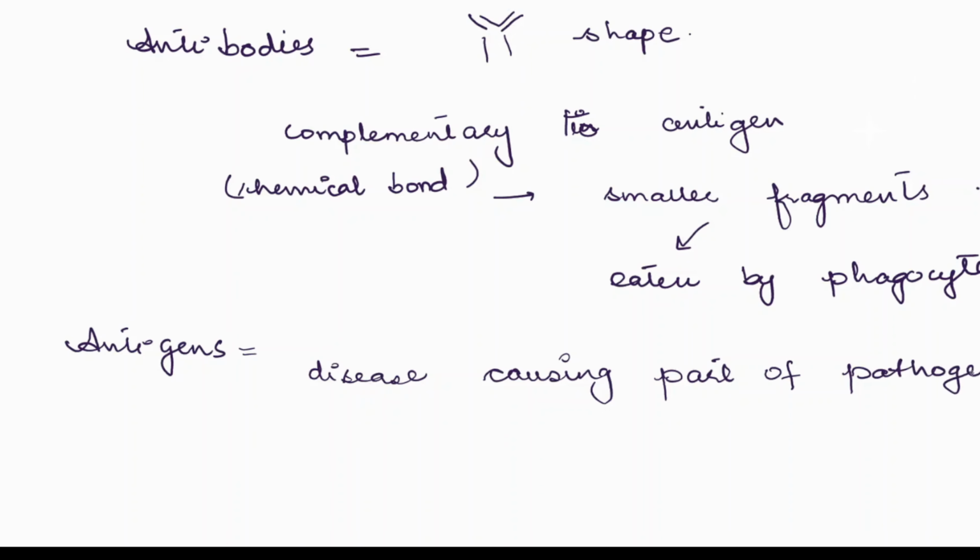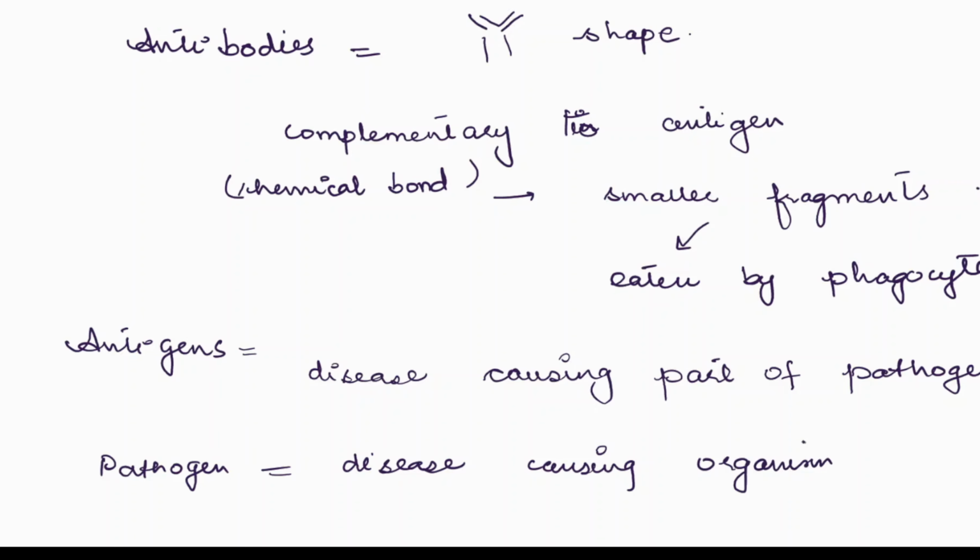What is a pathogen? A pathogen is a disease-causing organism like bacteria or virus. Now the whole bacterium is not capable of producing an infection. Only a certain part of the bacterium can produce infection, and that particular part is known as the antigen.